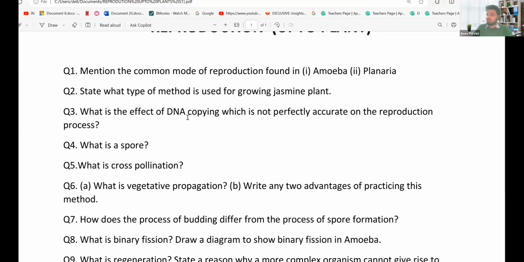So the answer for this question is that DNA copying takes place by various biochemical processes inside the cells. Whenever DNA is copied, it is not exactly 100% accurate and the same.